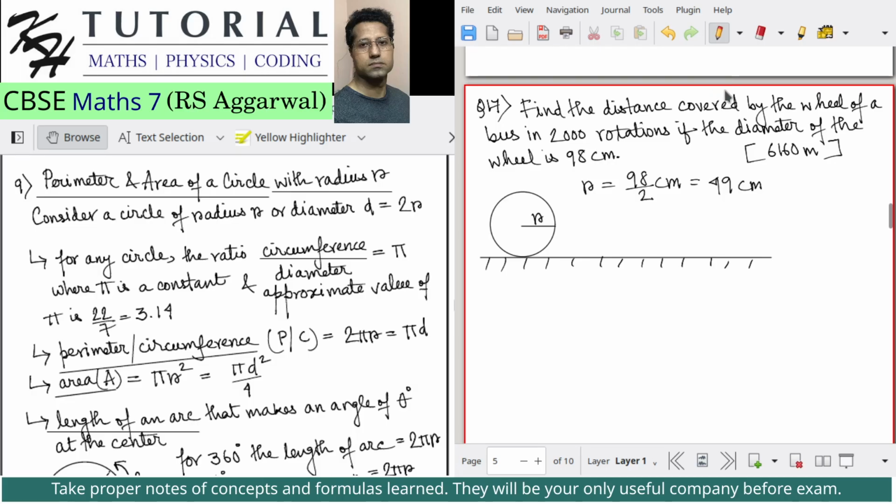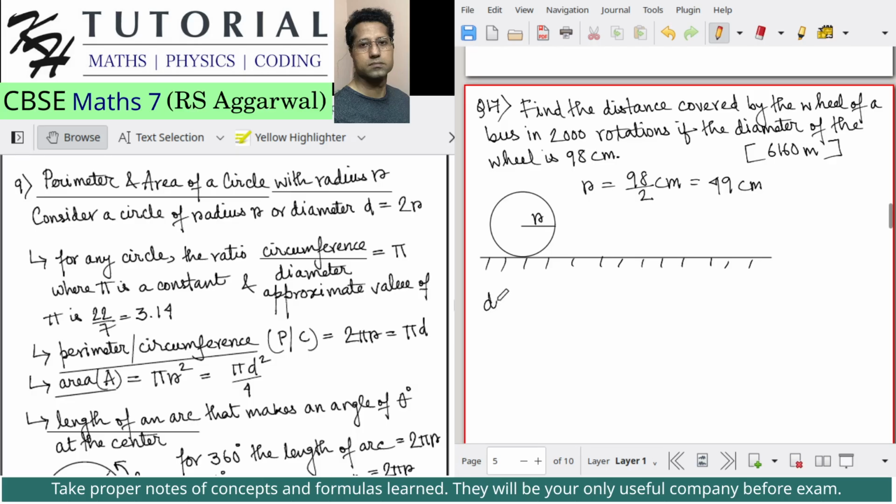Now what is the distance covered by the wheel of a bus in 2000 rotations? The wheel is rotating on the surface of the road, so the bus is moving. Now in one rotation, the distance moved on the road by the bus is equal to the circumference of the wheel. This concept you must know or understand.